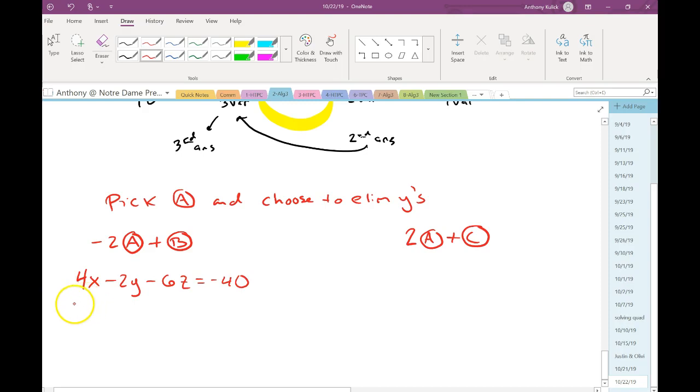And then equation B is just negative 3x plus 2y plus z equals 21. If I add down, I get x minus 5z equals negative 19.